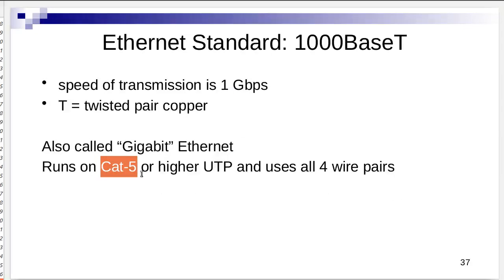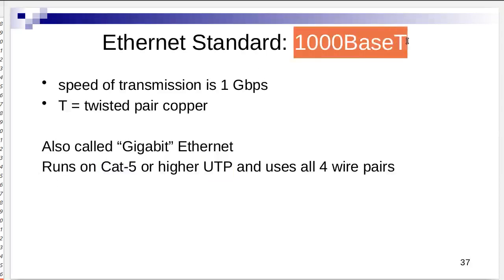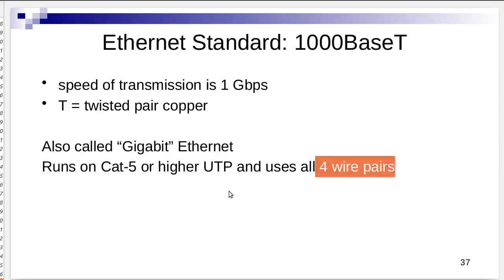So Cat5 or higher, but Cat6 is probably better. Unshielded twisted pair. And so this 1000 base T Ethernet standard uses all four wire pairs.